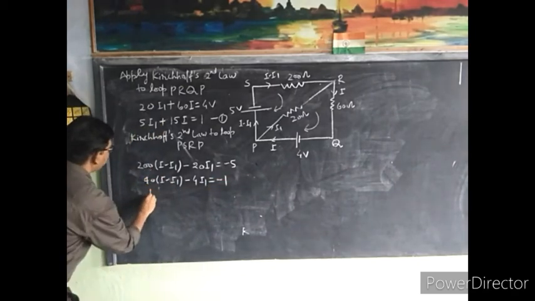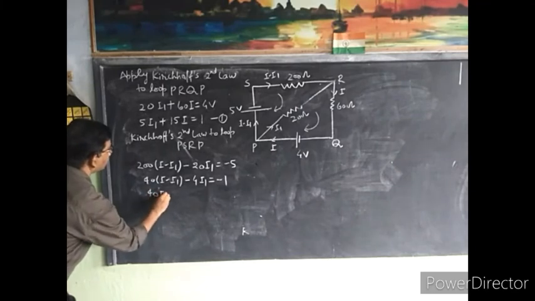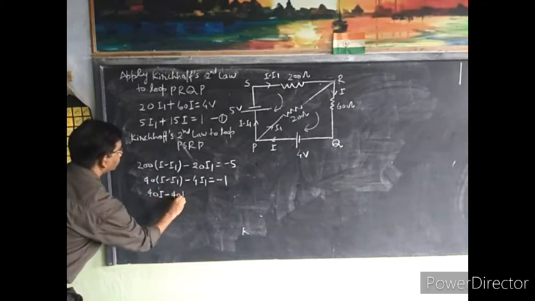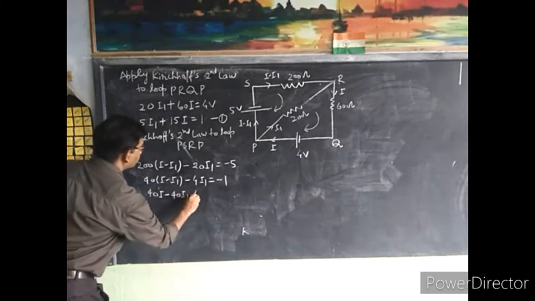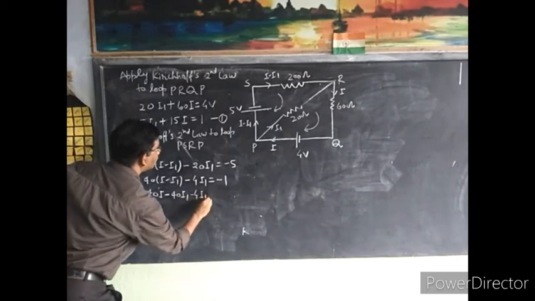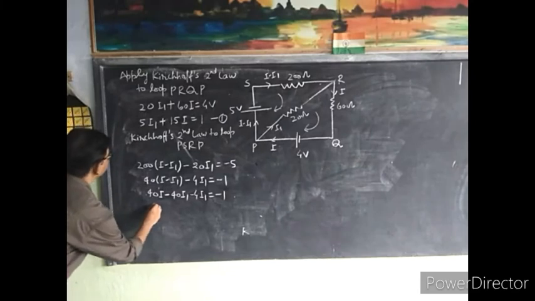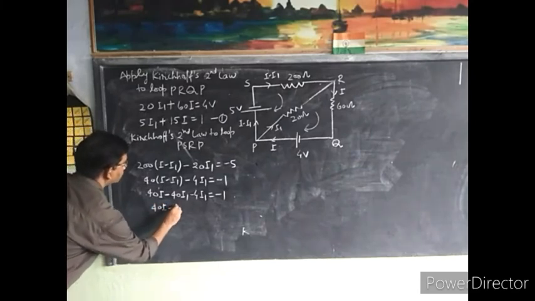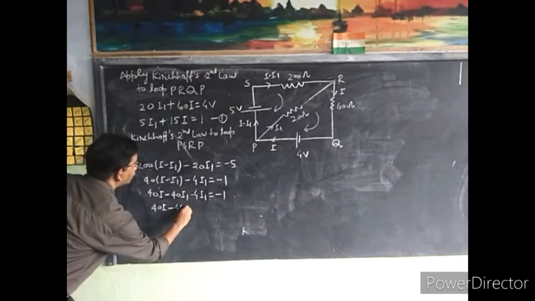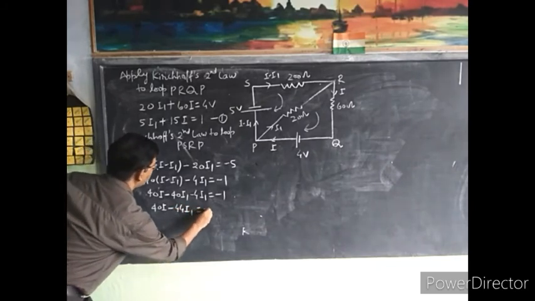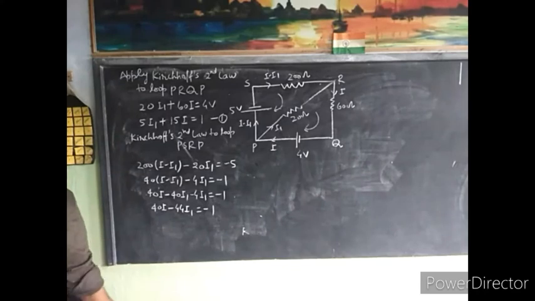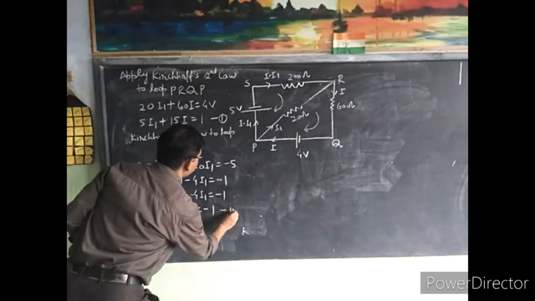Then 40 I minus 40 I1 minus 4 I1 is equal to minus 1. That is 40 I minus 44 I1 is equal to minus 1. This is my second equation.